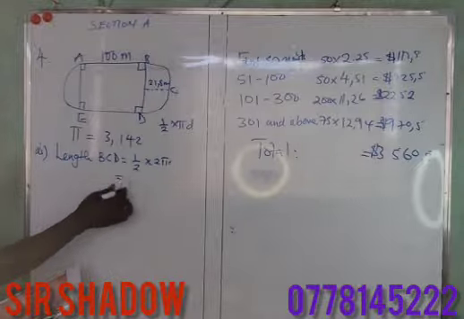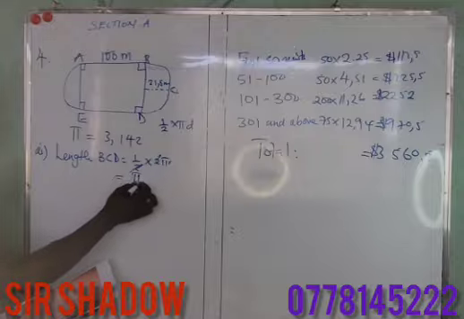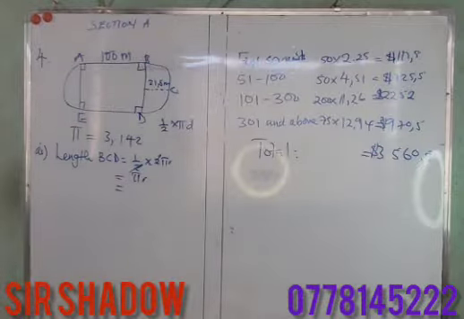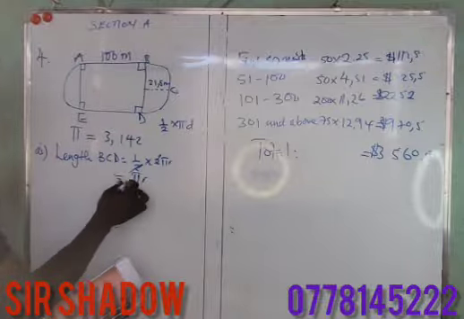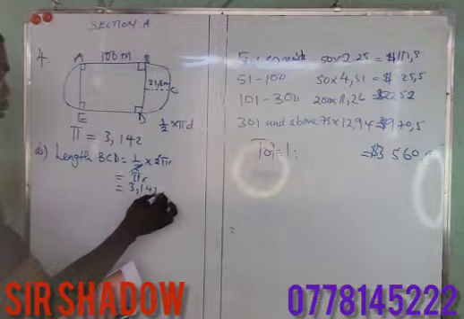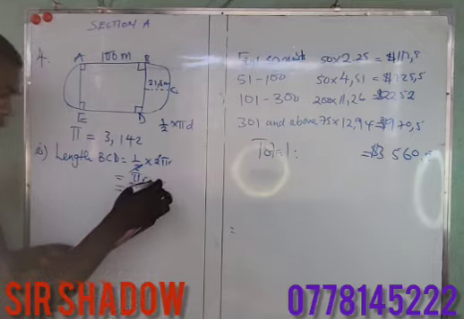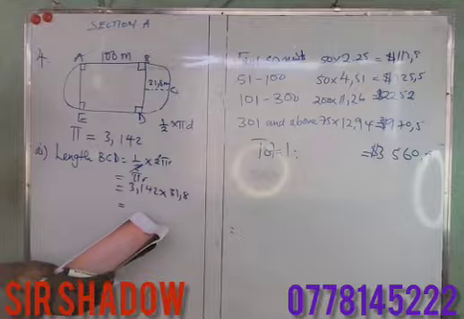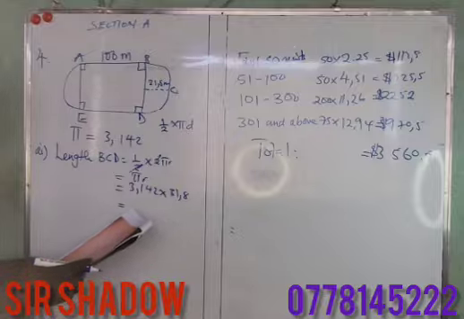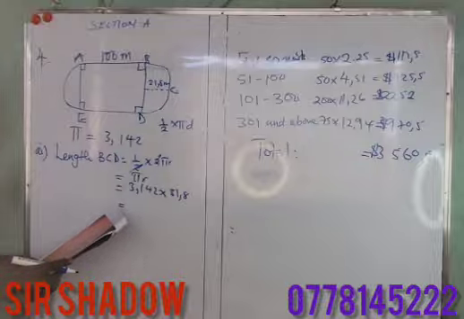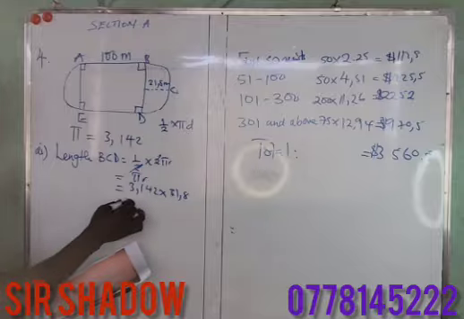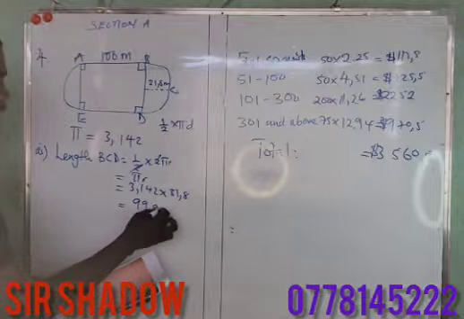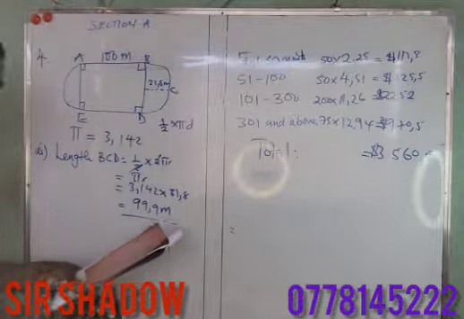So we can consider this formula, but the 2 can cancel this 2 to be left with pi r, right? Considering pi r, we are asked to use pi as 3.142 multiplied by the radius we are given, which is 31.8. They are given in meters. So if you multiply the two, you get 99.9. If you multiply this one by this one, you get 99.9 meters. This is the best way to calculate the length of BCD.